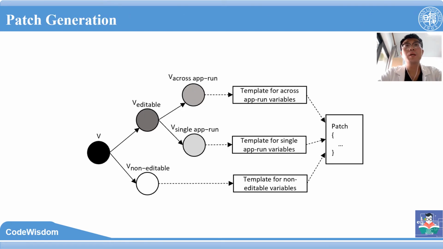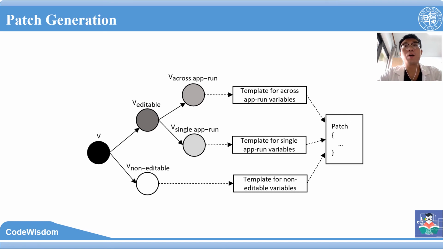For the patch generation, given a set of variables V whose values need to be saved, iFixDataLoss first divides them into two categories: V-editable, that indicates the variables storing values of editable widgets, and V-non-editable, that indicates the variables storing values of non-editable widgets. V-editable are further divided into two categories: V across app runs, that indicates variables whose values are used across app runs, and V single app run, that indicates variables whose values are used in a single app run.